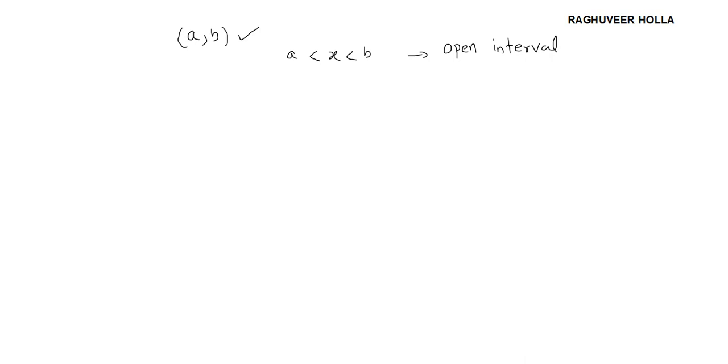Now the real line, if you consider this, with brackets, this is A and this is B. So this is (A, B).